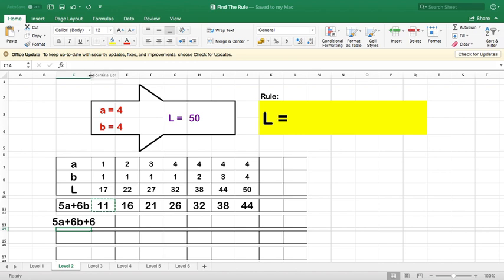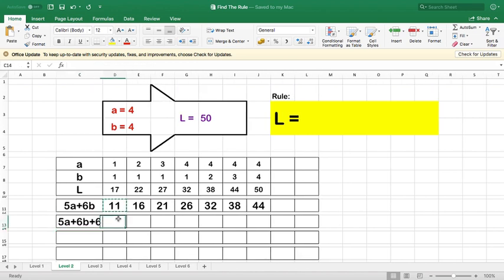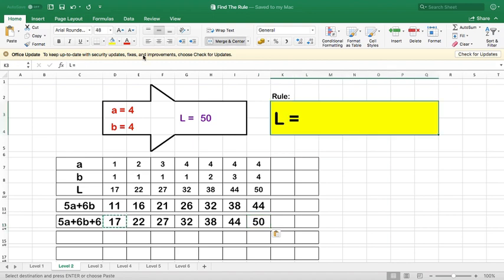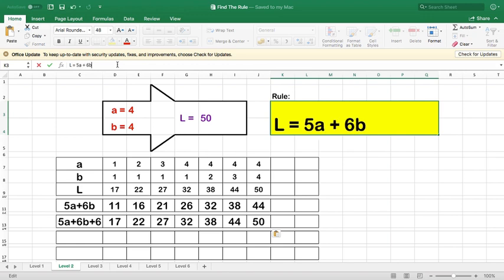Let's just resize that. So these numbers are just these numbers plus an extra 6, and then we're getting the numbers that we want to get. So I predict that my rule is L equals 5A plus 6B plus 6.